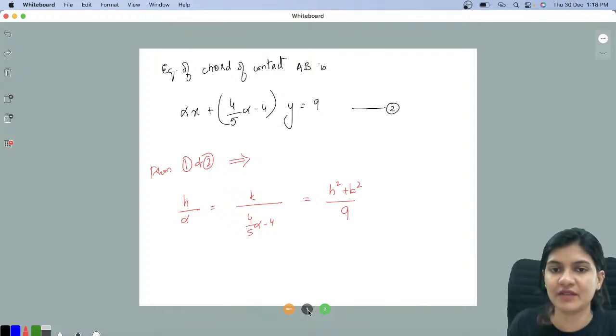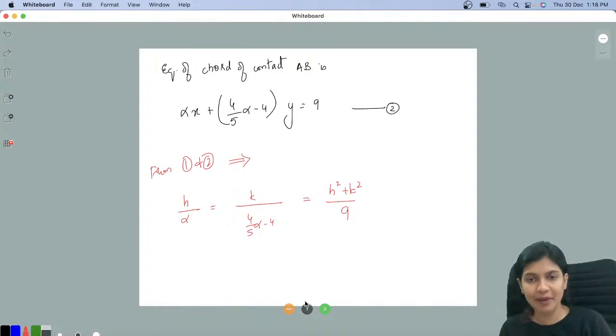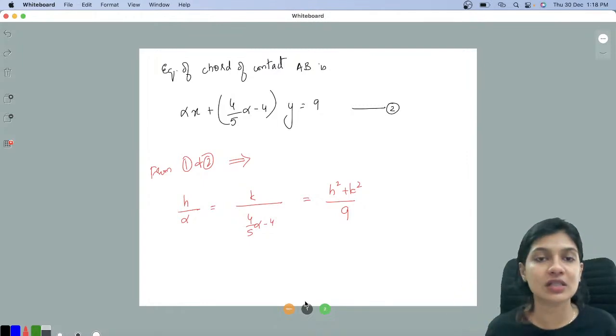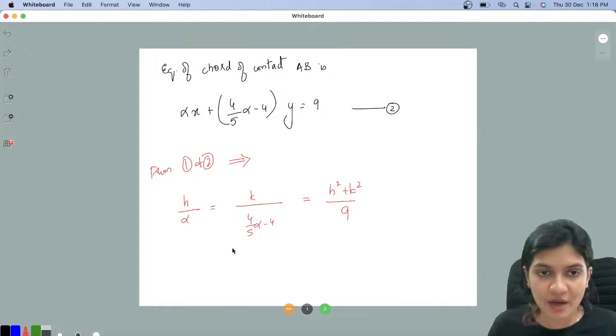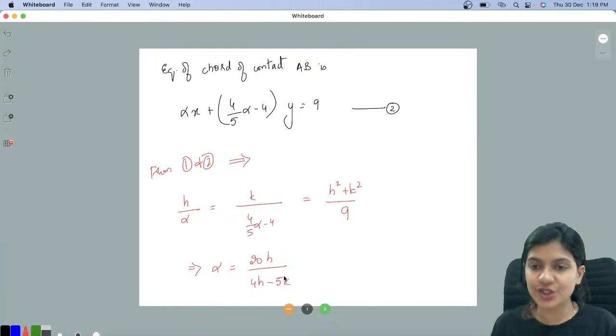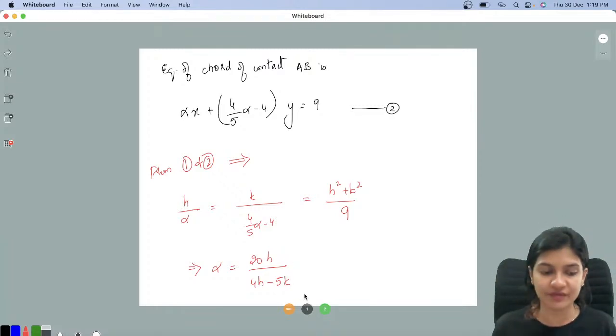They have done the x coefficient comparison, the y coefficient comparison and the constant term comparison. From here I can conclude that alpha is nothing but 20h upon 4h minus 5k.